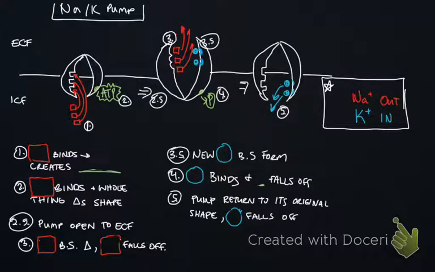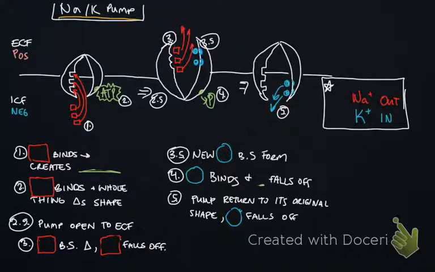Okay, so who do you think it is that creates this difference in charge? And what I mean by that is the negative inside versus the more positive outside. And the answer to that question is the sodium-potassium pump.